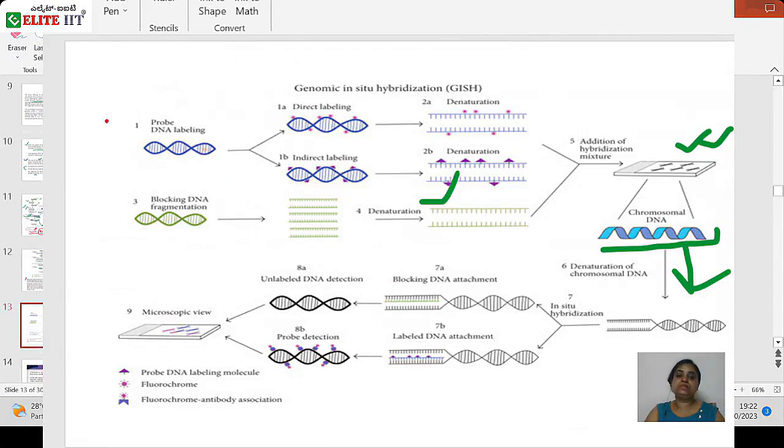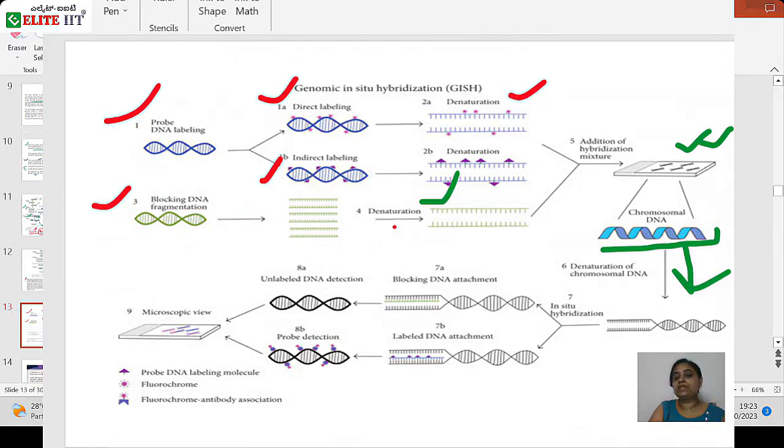See here, probe DNA labeling. Either you do direct labeling or indirect labeling, and you do the denaturation. You have to do the denaturation, then only you can get a single strand. Now another thing you have to take is the blocking DNA fragment I told you about. In that case also you are doing the denaturation. No fluorescent compound is attached to the blocking DNA fragment.